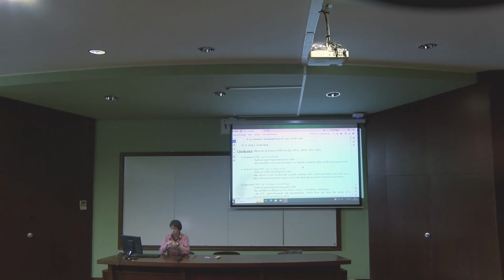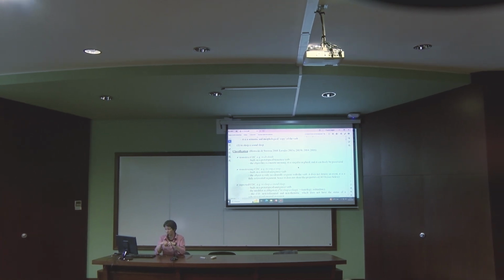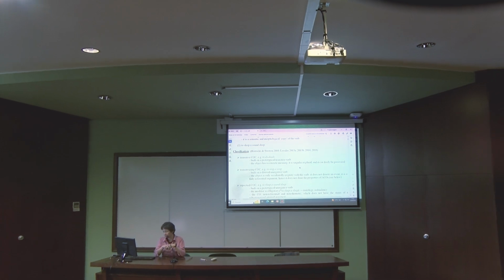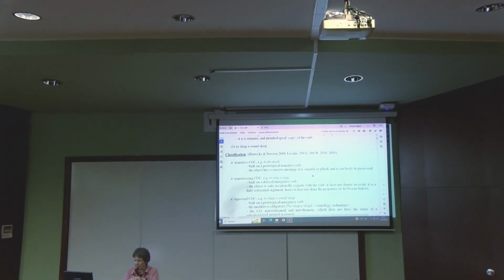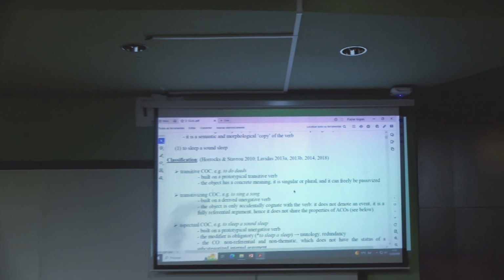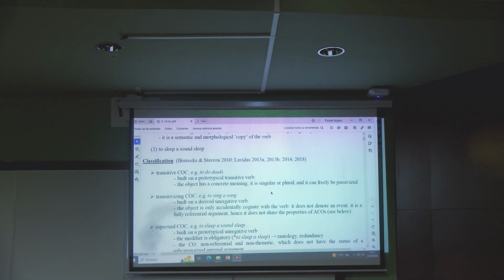This is a structure built on a prototypical transitive verb, which obligatorily needs a direct object, which can be a cognate or a non-cognate object, such as to do deeds. The object has a concrete meaning, it is either singular or plural, and it can be freely passivized.